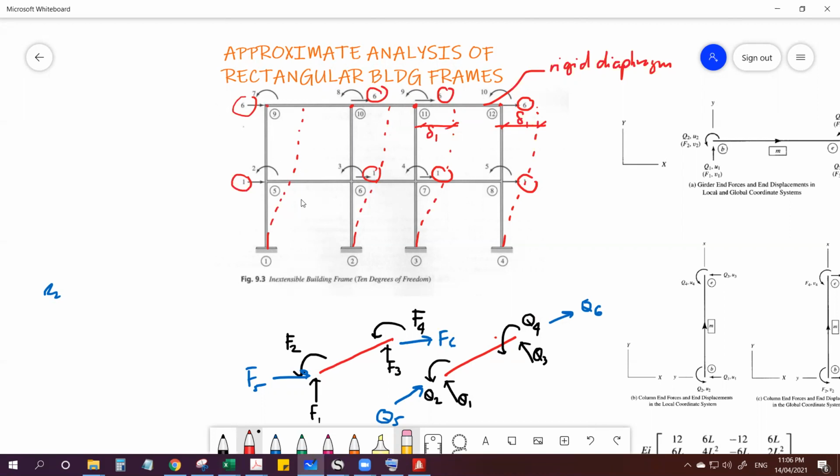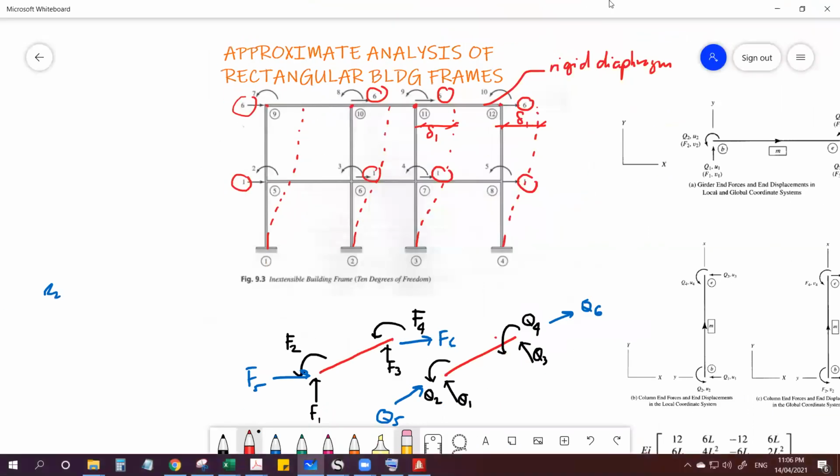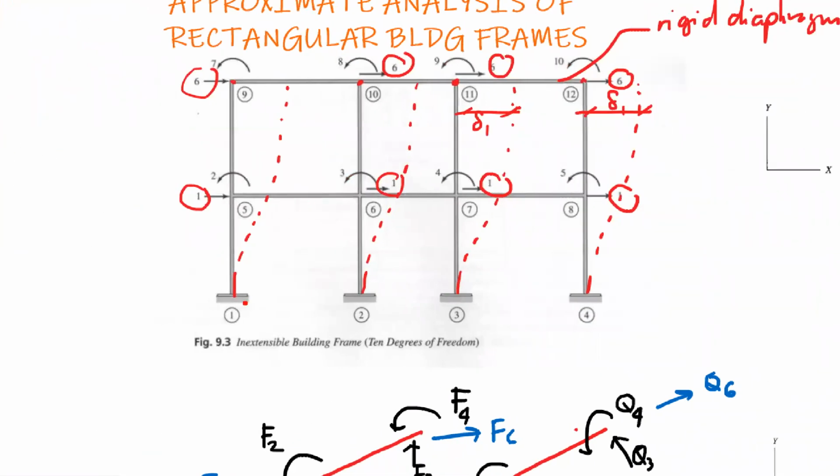So imagine if we assume this as a 3D space frame, which in general has 6 degrees of freedom on each node. So how many joints here? 1, 2, 3, 4, 5, 6, 7, 8, 9, 10, 11, 12.